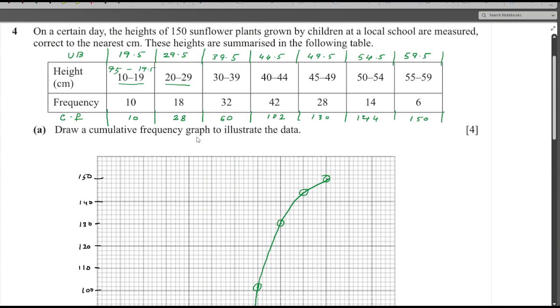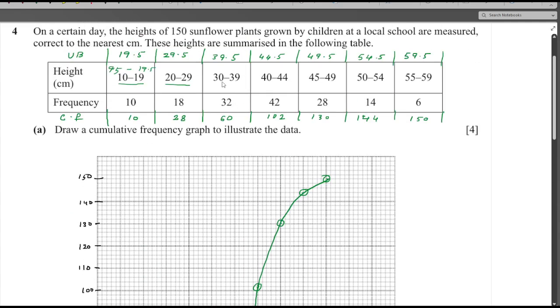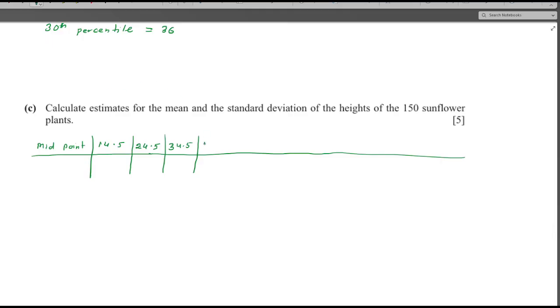Then the next value is 30 plus 39 divided by 2, which is 34.5. You can see that they are in sequence. After 34.5, from 40 to 44, the mid value is 42.